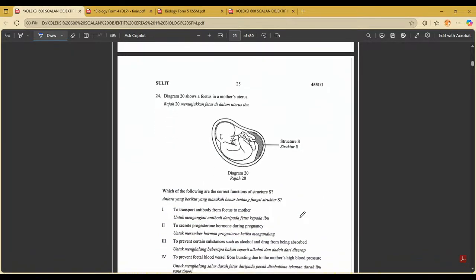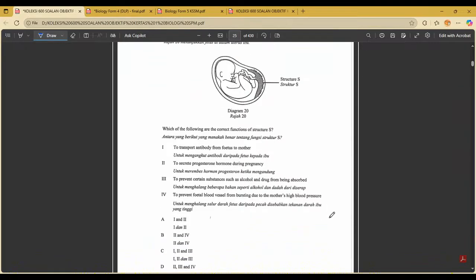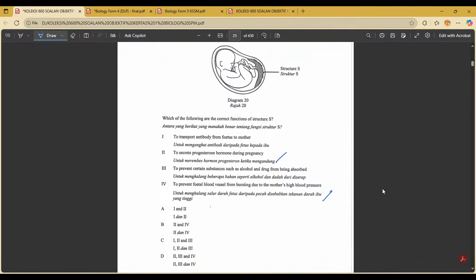Diagram 20 shows a fetus in the mother's uterus, structure S. Structure S transports antibodies from fetus to mother, secretes progesterone hormone with pregnancy. 2 and 4 definitely. Yeah, 2 and 4.